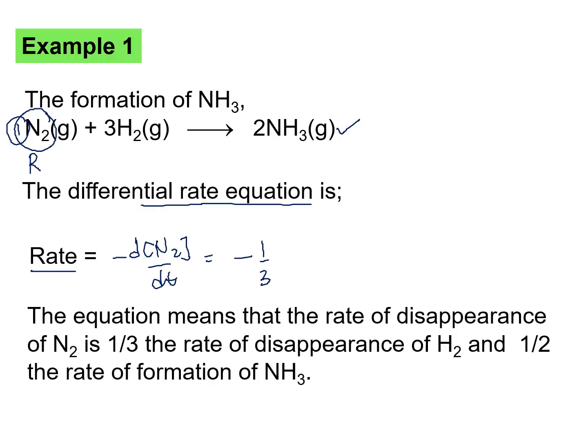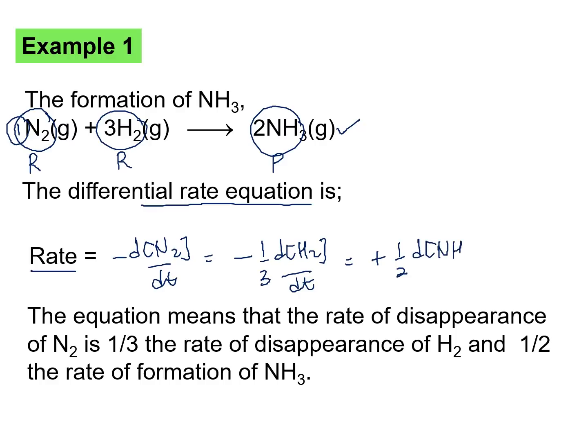Kenapa negatif? Because hydrogen adalah your reactant. Times change concentration hydrogen over dt equals to positive 1 over 2. Dua ini merujuk pada coefficient untuk ammonia. Ammonia adalah your product. That's why kita masukkan positive sign. Times change concentration ammonia over dt.